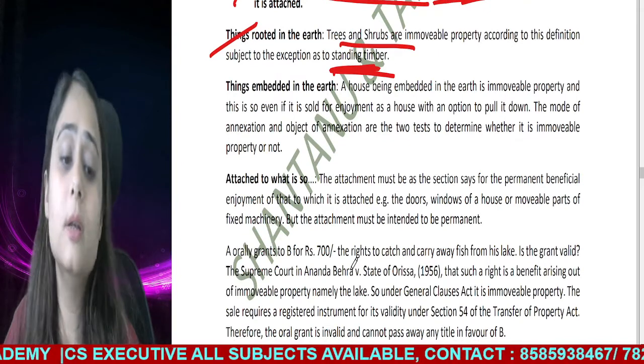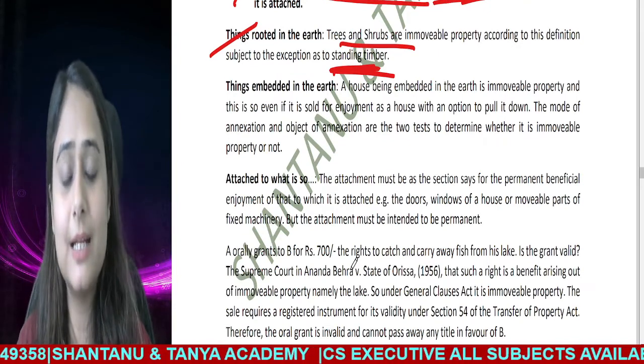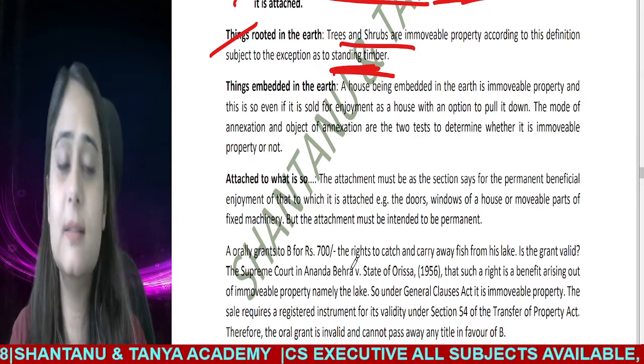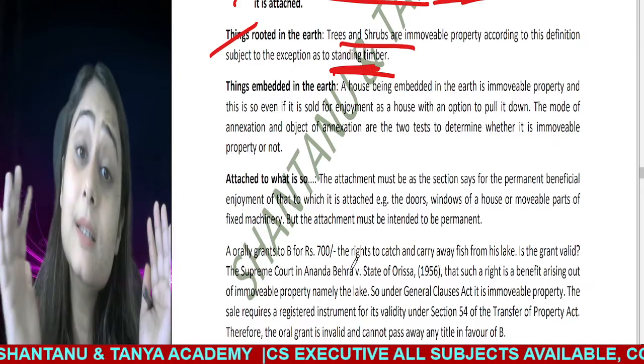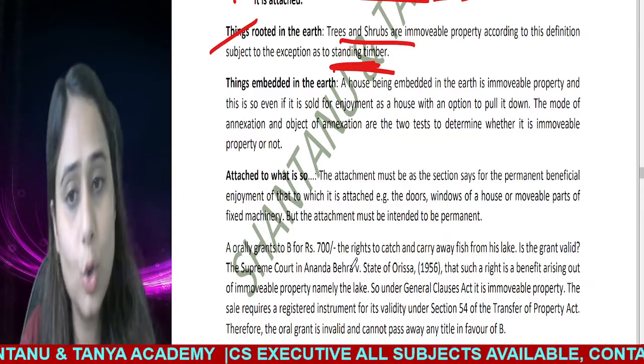The mode of annexation and object of annexation are two tests to determine whether it is immovable property or not. So here it states that the mode of annexation, that means whether it is permanently affixed to the land or affixed on a temporary basis, and the purpose of the annexation determine whether the thing is movable or not, right?